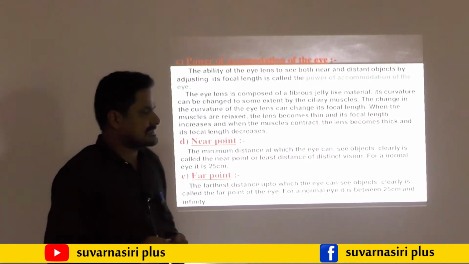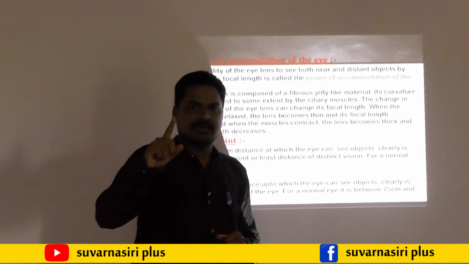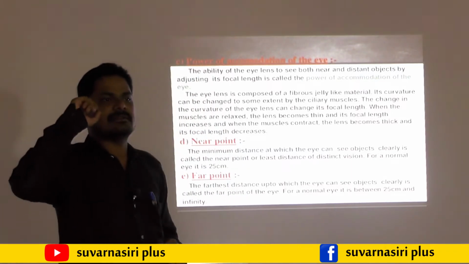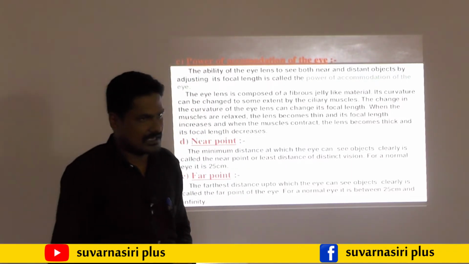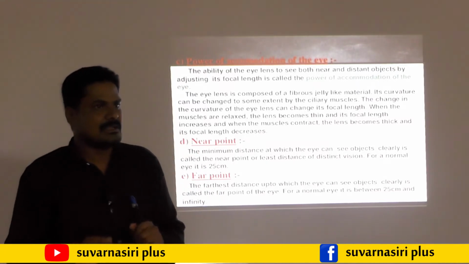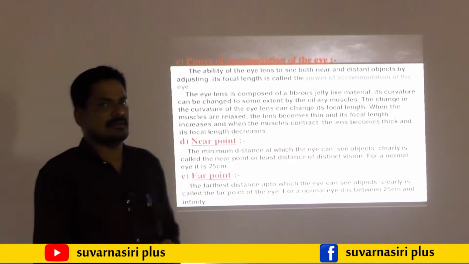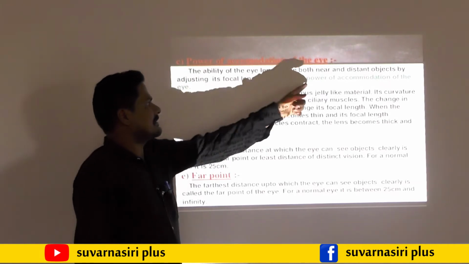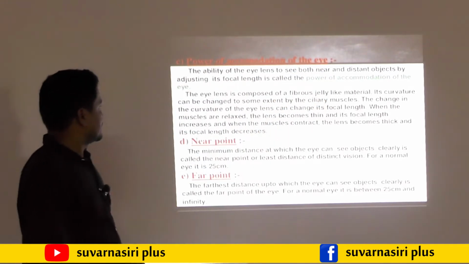So when we see the farthest object and the nearest object very clearly, that adjustment of focal length by the ciliary muscles is called the power of accommodation of the eye.